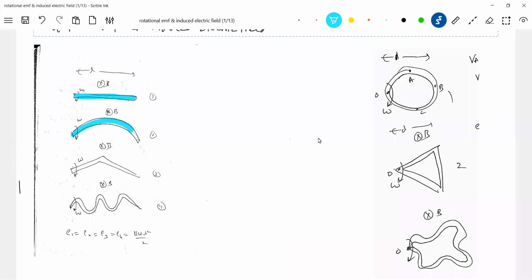Look at the shape of the rod. So I should go for the effective length here. So in all the cases, what is the EMF induced? It will be B omega L squared by 2.